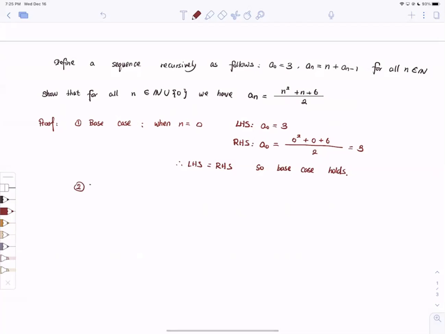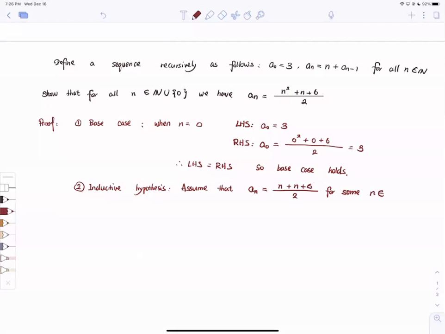Now, inductive hypothesis. Assume that a_n, or yeah, let's choose a_n, equals n squared plus n plus 6 over 2 for some n in what?